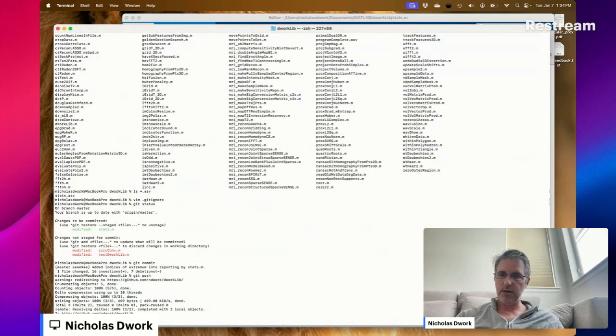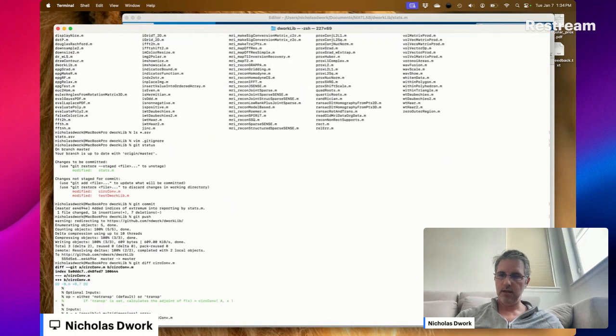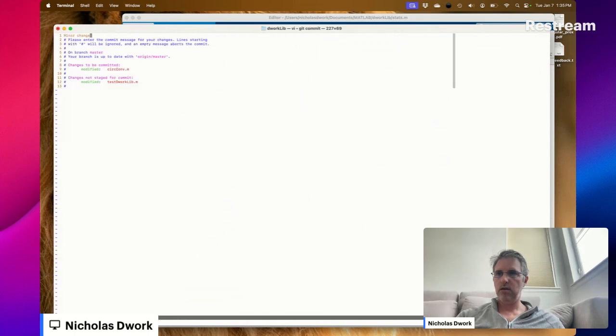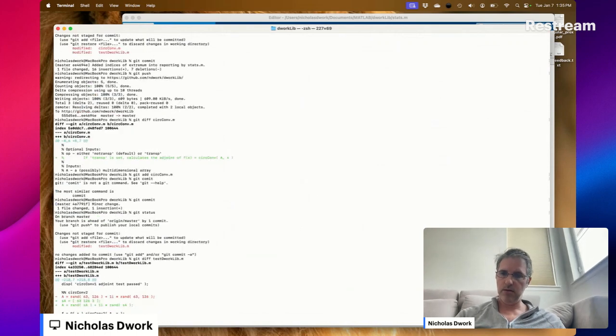What's different with certconf? Oh, just added a comment. What's different in test work lib? Just a minor code cleanup.